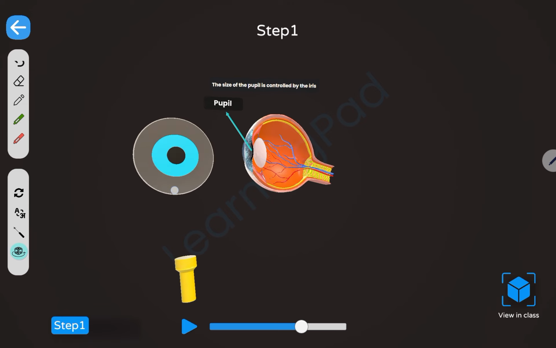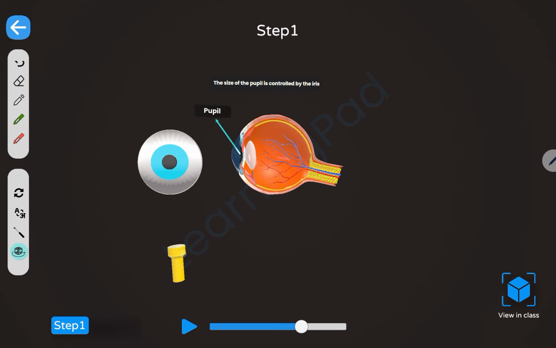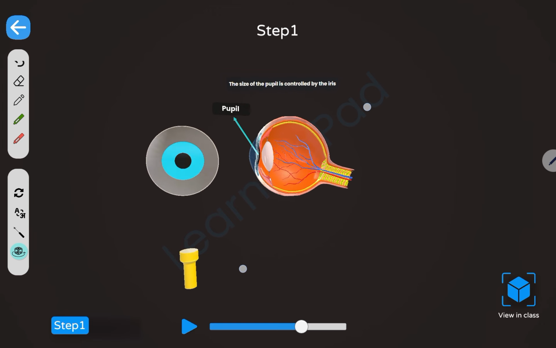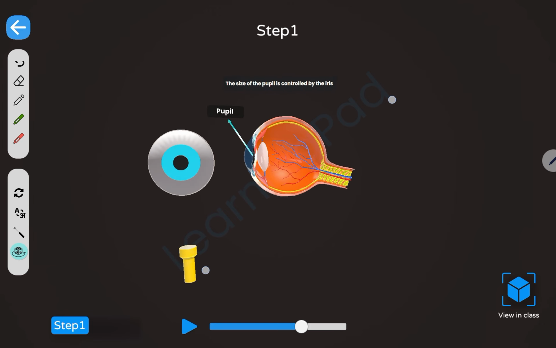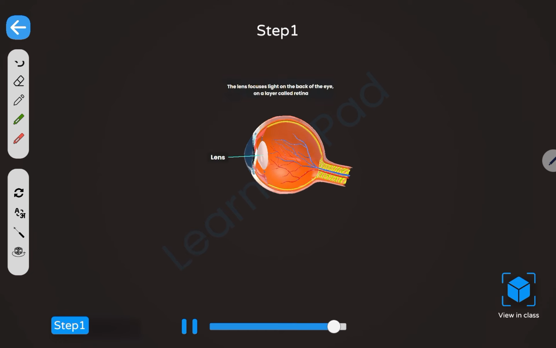The iris also controls the light that is entering into our eye. If more light is entering the eye, the pupil's size decreases, or else it will accommodate more light. This is how the size of the pupil is controlled by the iris.